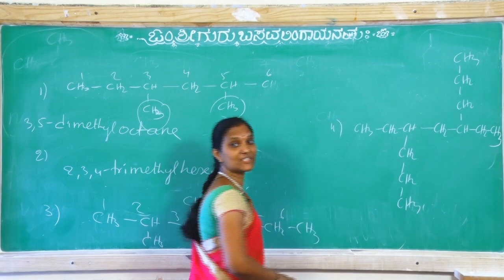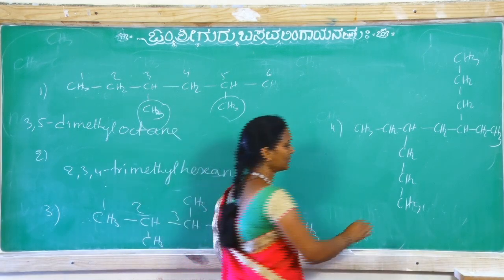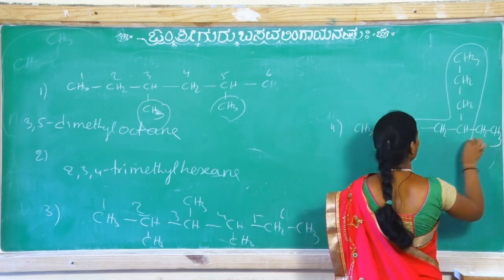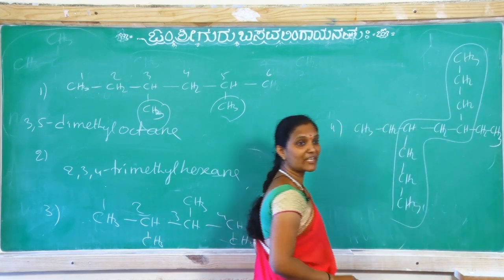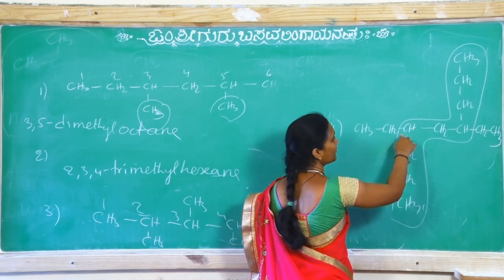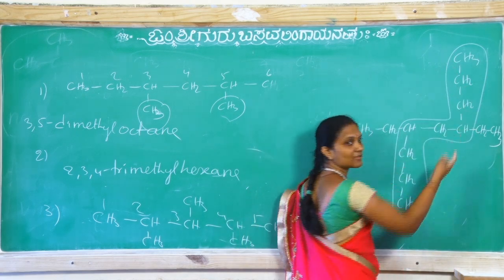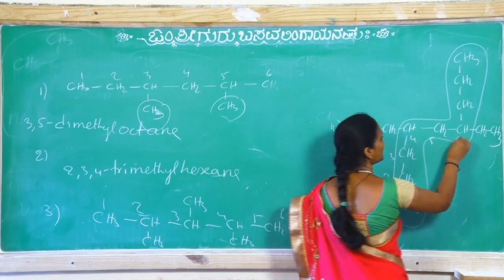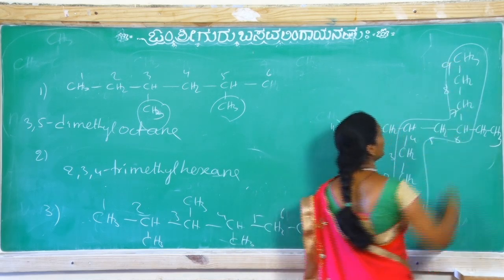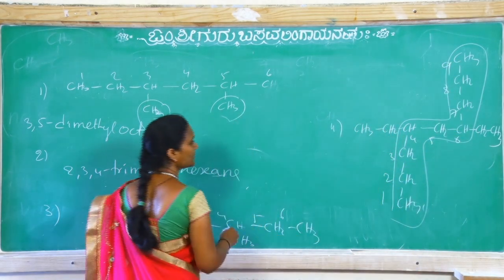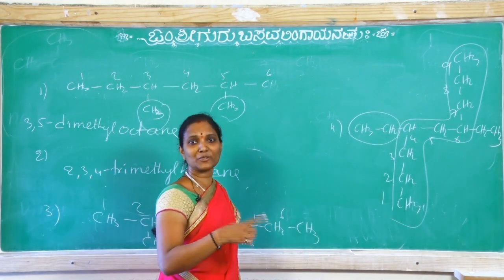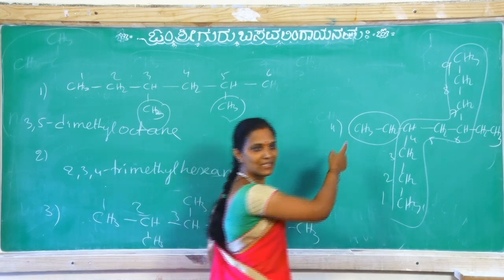Which one is the longest here? Like this. Number 1, 2, 3, 4. Same we are getting. 1, 2, 3, 4, 5, 6, 7, 8, 9. This is the longest chain. Fourth position, what is this one? C2H5. Yes or no?